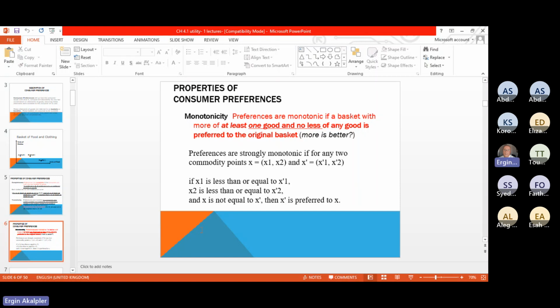Preferences are strongly monotonic if, for any two commodity points X equal to (X1, X2) and X dash equal to (X dash 1, X dash 2), X1 is less than or equal to X dash 1 and X2 is less than or equal to X dash 2 and X is not equal to X dash, then X dash is preferred to X.